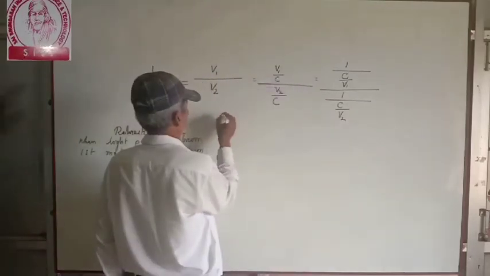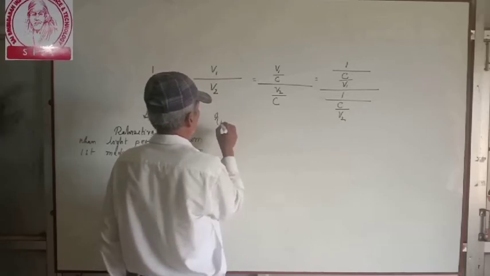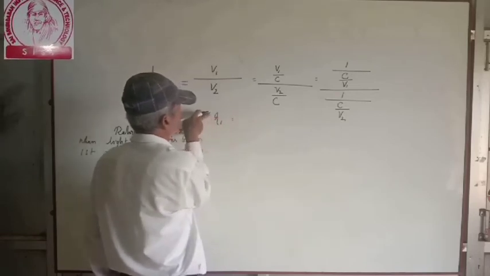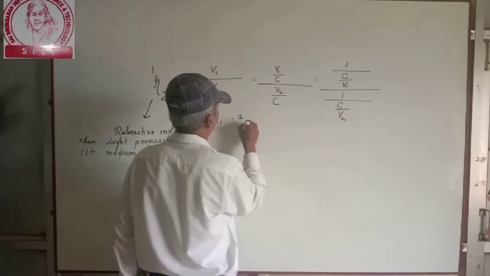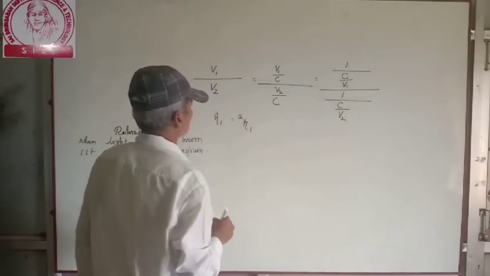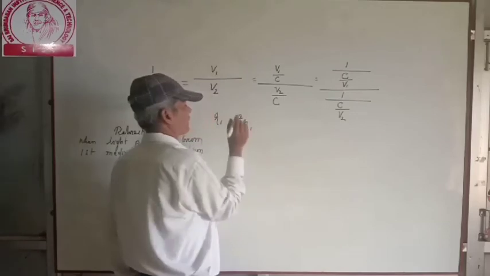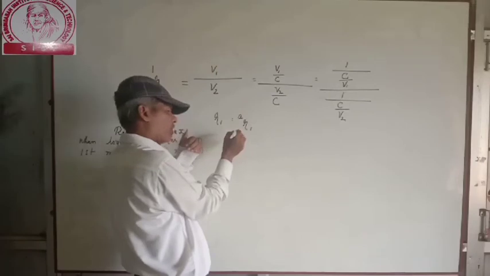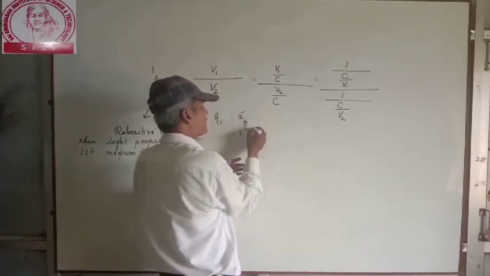Look at this mu 1. Nothing is written, which means this is the absolute refractive index because light propagates from air to the medium.